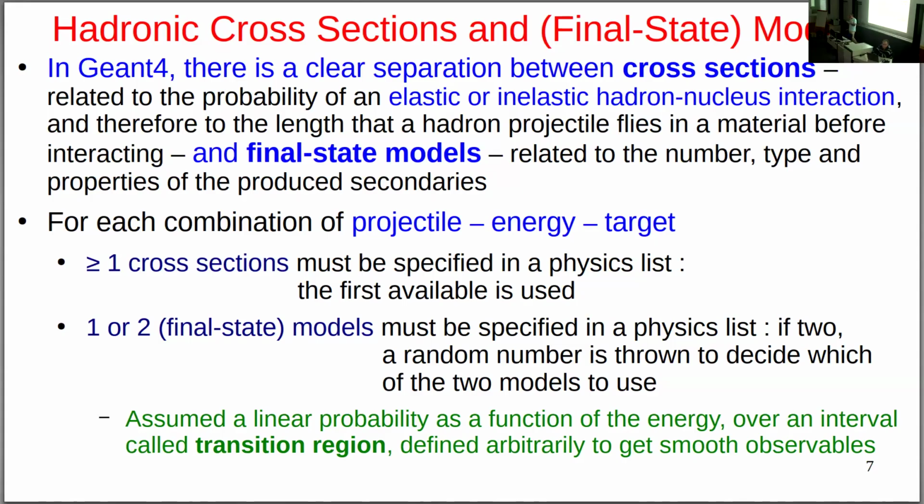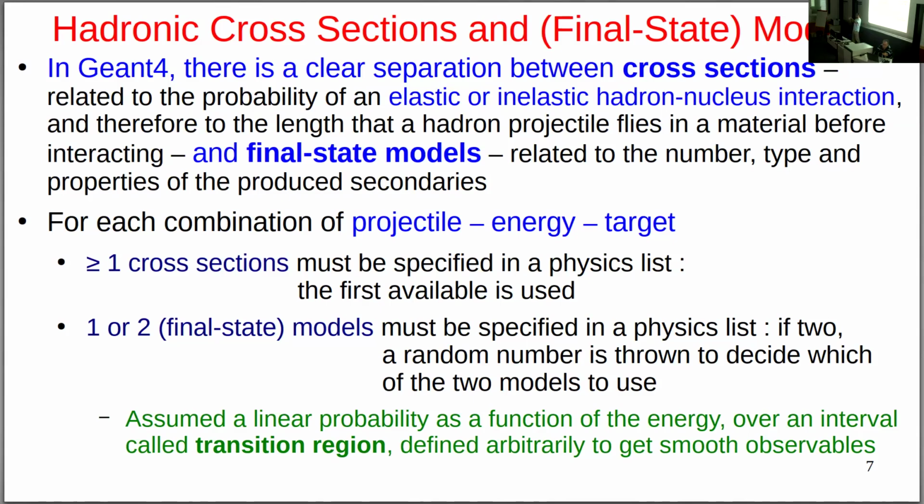For each combination of projectile, energy, and target, think of a 10 GeV proton on a copper nucleus, for instance, we have to have at least one cross-section able to cover that triplet, projectile, energy, and target, and at least one, maximum two, final state models.